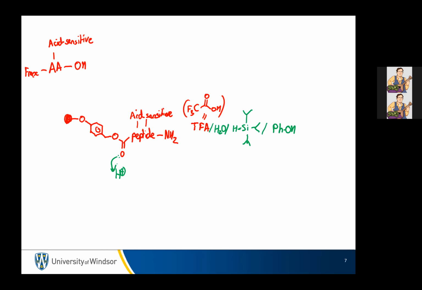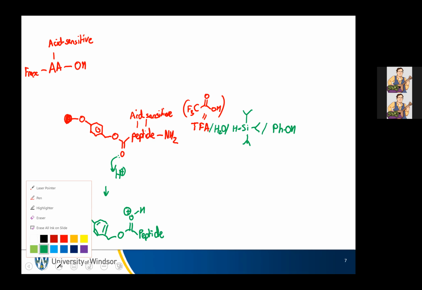Protonate the ester, especially on this Wang resin. Get this. And then this can do a 1,6 elimination.